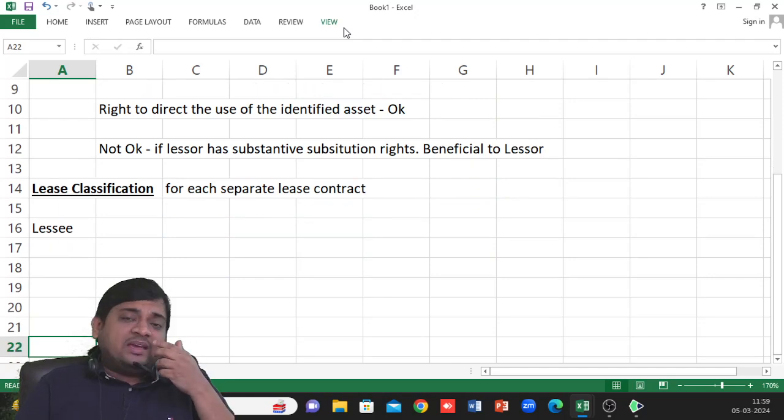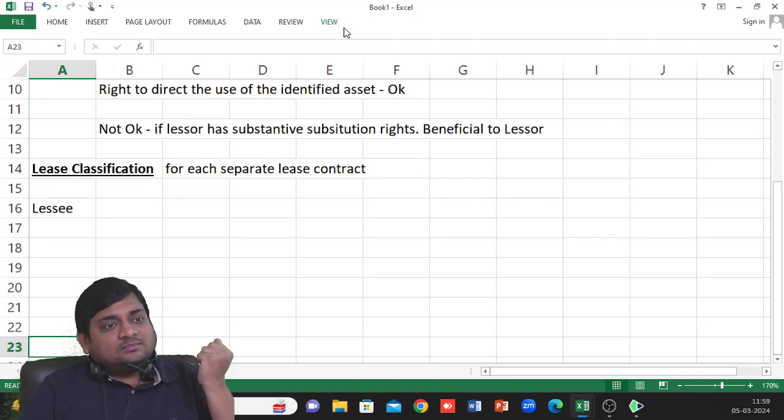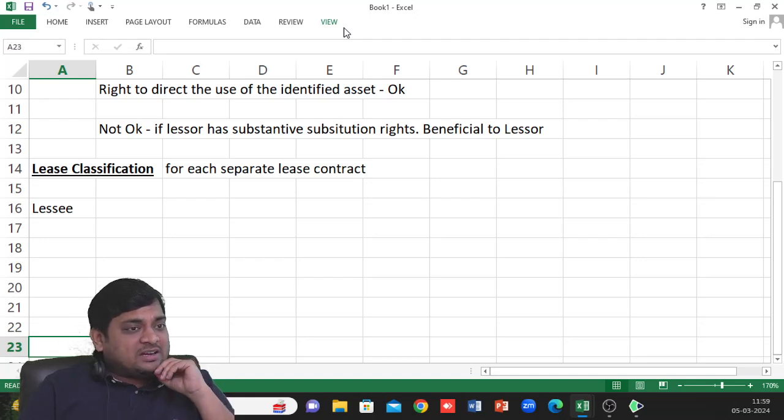Now tell me one thing, after 5 years, is this asset useful for the lessor? Absolutely no, because it is covering the major portion of the useful life of the asset.